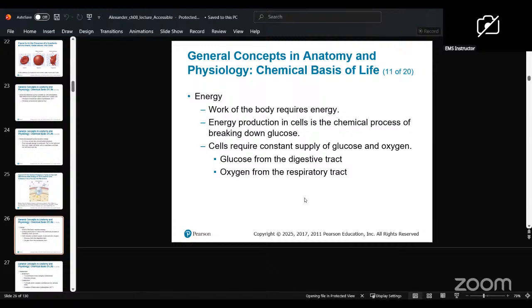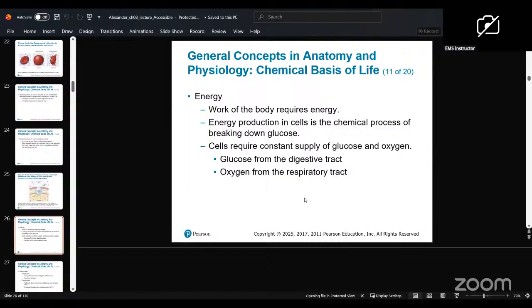What I always tell everybody, because I actually had a student tell me the way they remembered this: when you think proper glucose inside the body to help you create energy, I want you to think of an unresponsive diabetic patient. They don't have enough glucose in their system, right?